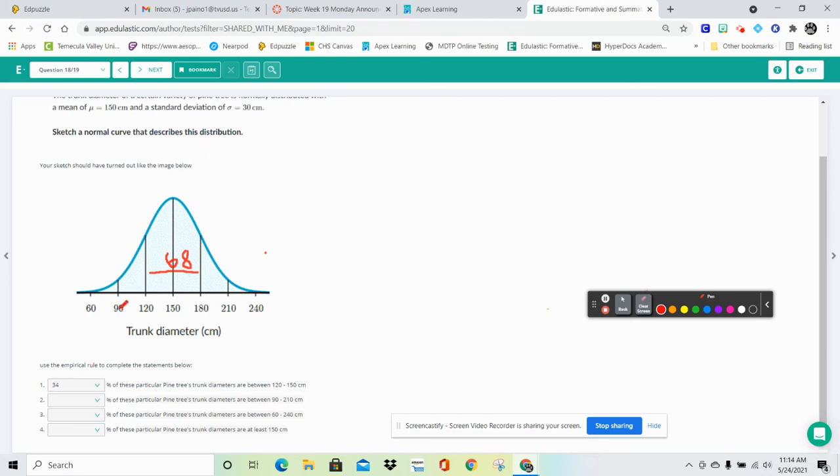What we do know is from here to here, it would be 95. So how much bigger is that? So 95 minus 68 is going to give me 27. And I want half of that, so that's 13.5. So if I add that to 68, what am I going to get?